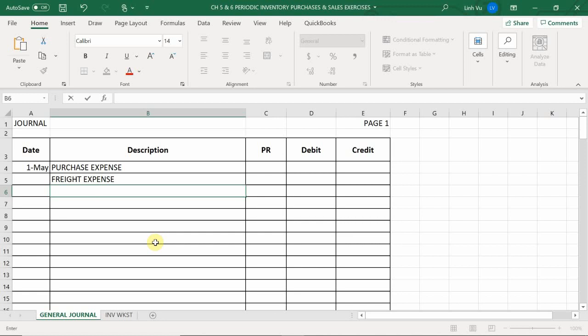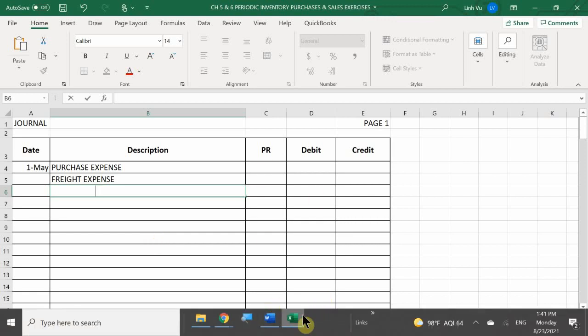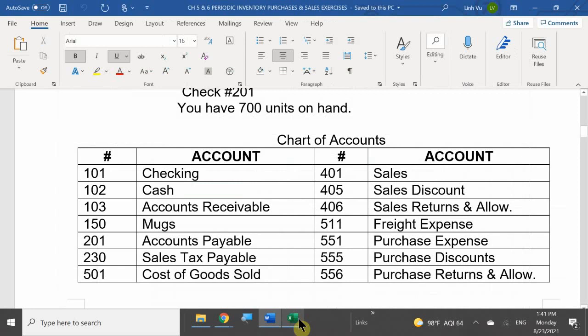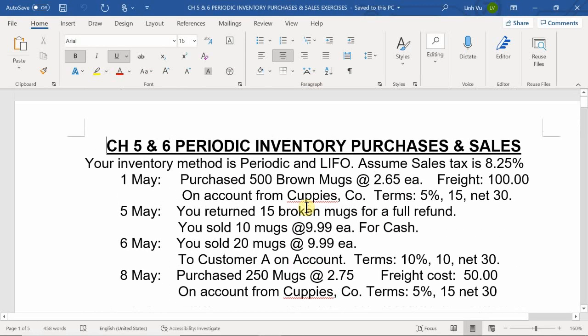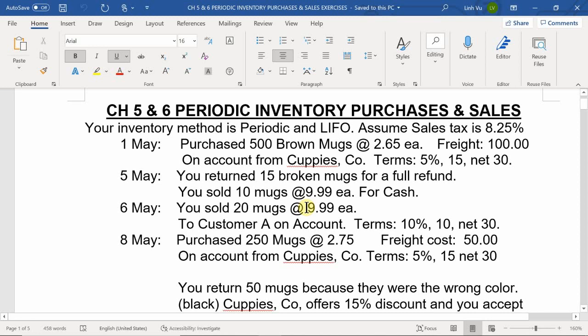Was there tax? Assume the sales tax is 8.25. I don't know if we have. Now, did we sell a product or did we buy a product? We bought it on account. So the assumption here is that you are tax exempt.